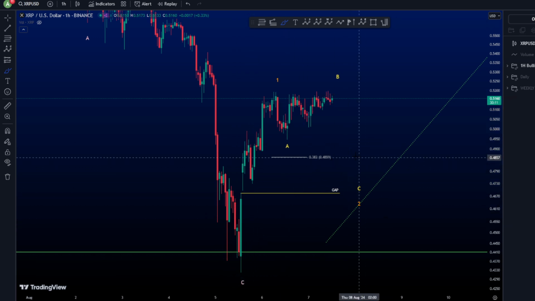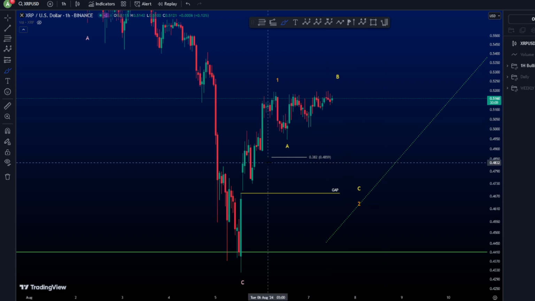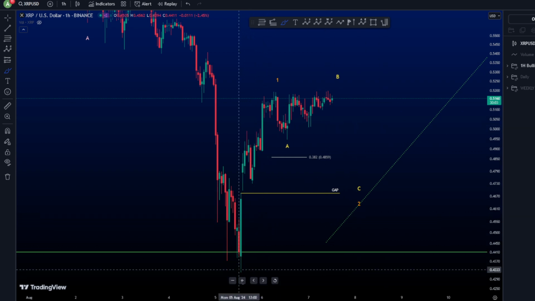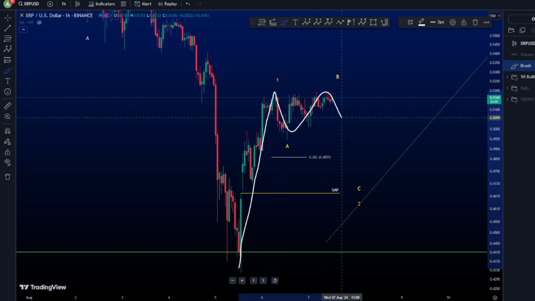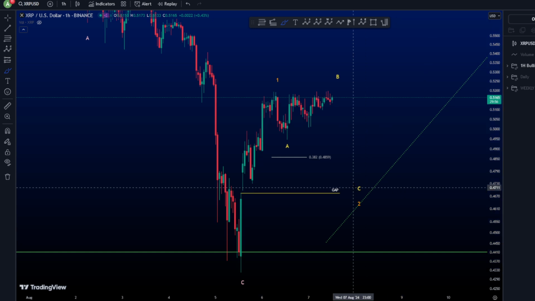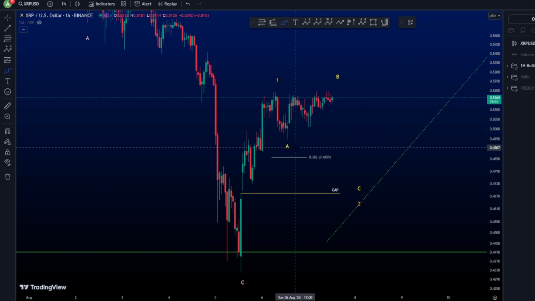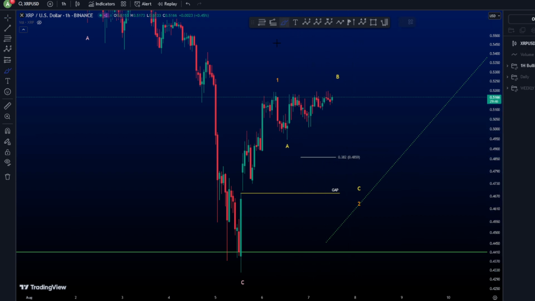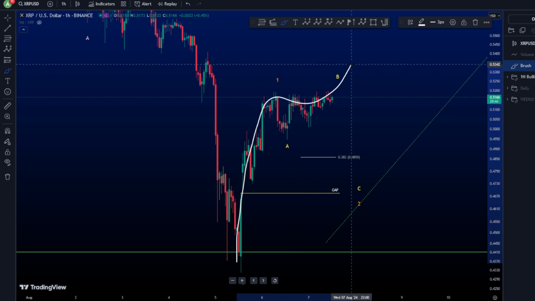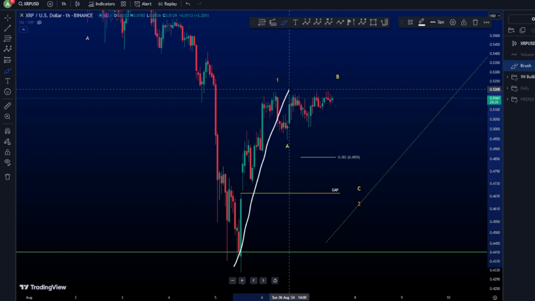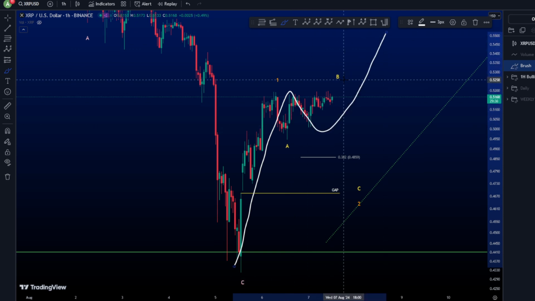However, I still think that this could even tend to be more corrective, where we see an A and a B and a C towards the upside. So that possibility is still open, of course, and since we did not even touch the 0.38 for a wave 2, that means this is still one wave. So far, this could be one wave or even a B and a C towards the upside.